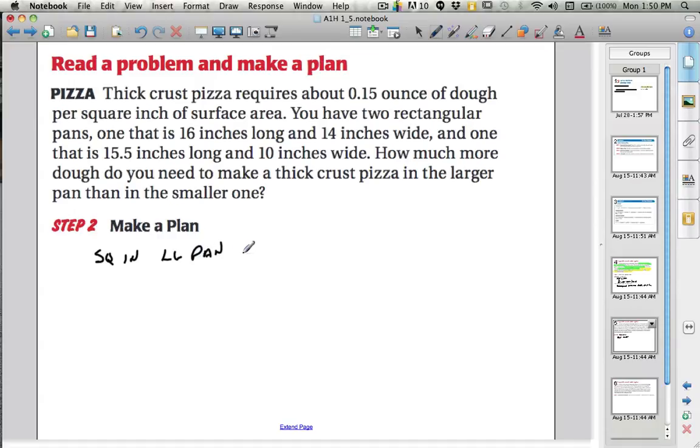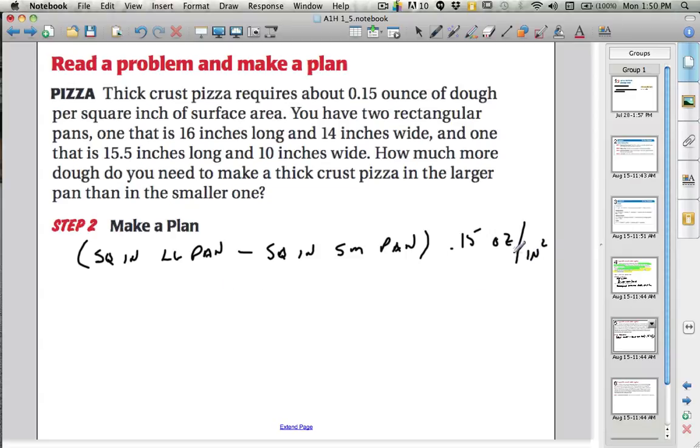In the large pan, minus the square inches in the small pan, and I need to multiply that times how much dough per square inch, because they want to know how much more dough. That would be how many ounces. I need to know the difference in the square inches times the 0.15 ounces per square inch.